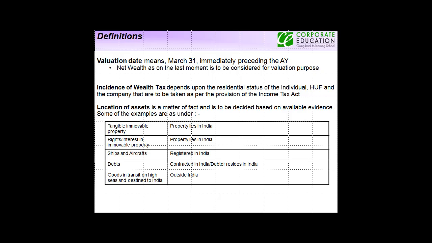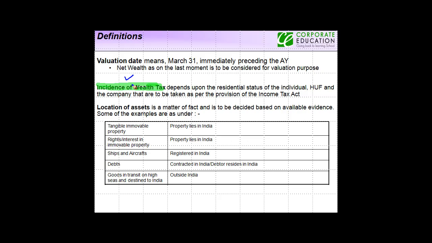Then the next one is incidence of wealth tax. Now you must have studied in your inter-examinations of CA, which are known as IPCC, that the income tax depends on residential status.